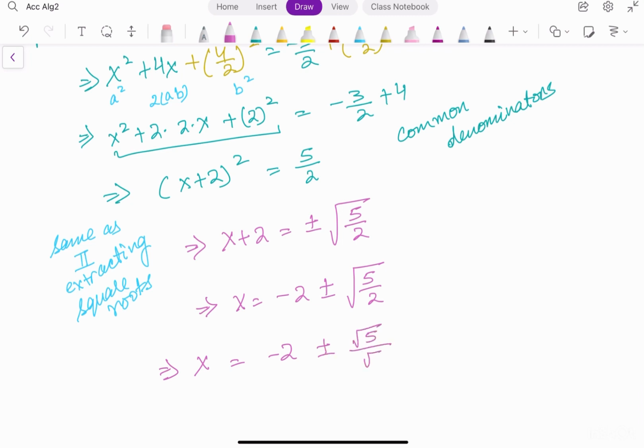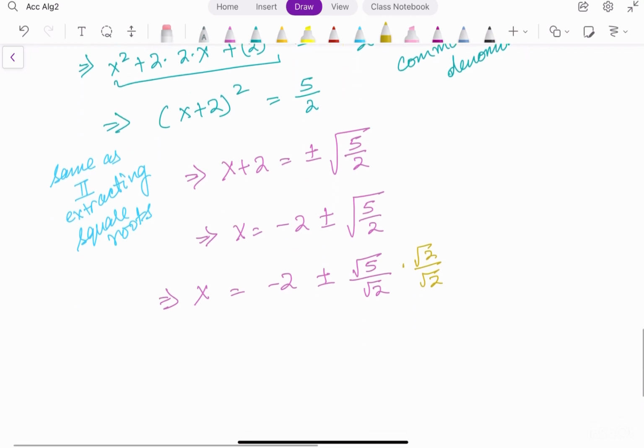We don't like a radical in the denominator. So at this point I can rationalize, because there is no other term. So this will give you negative 2 plus minus radical 10 over 2. And you can write the two roots separately.